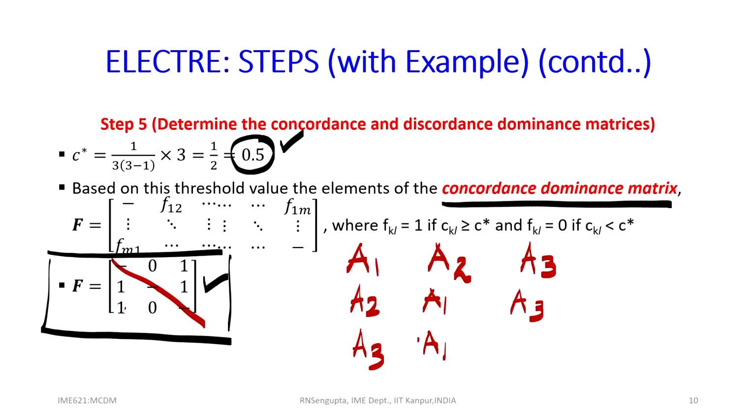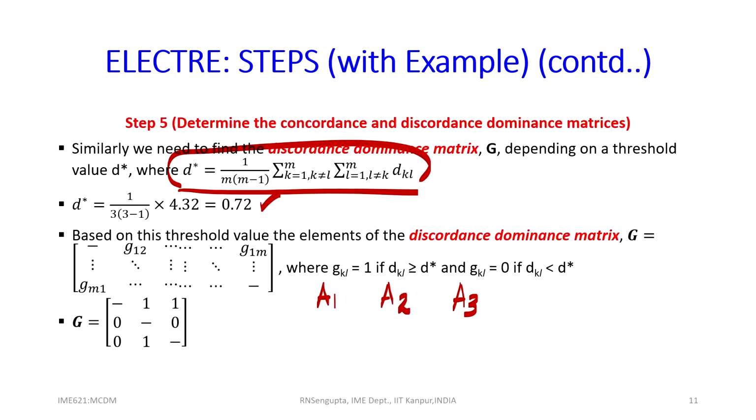If I compare the values of A1, A2, with A1 over A2 it is plus 1 in the concordance set. On the disbenefit scale it is 0, which means on the benefit scale it is positive, but on the negative scale, or the baggage scale, it is 0.